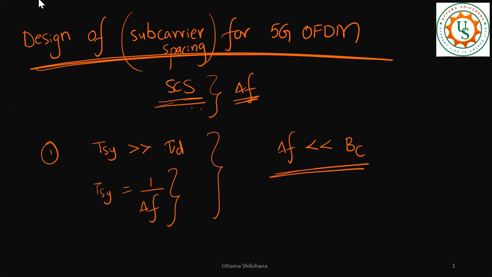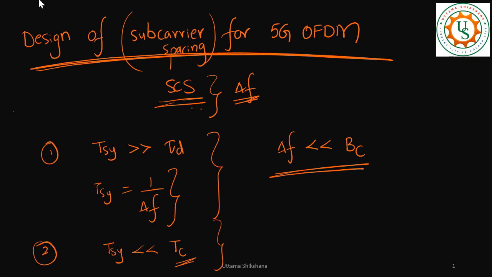Now the second concept is that the symbol duration should be much smaller than the coherence time. Coherence time is the duration for which the channel is constant.